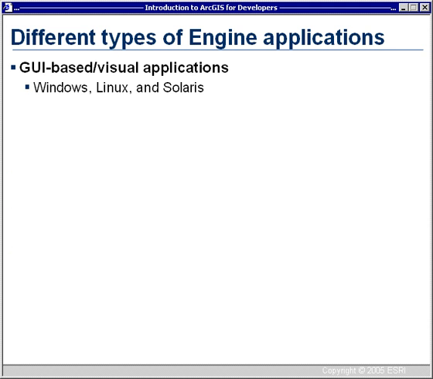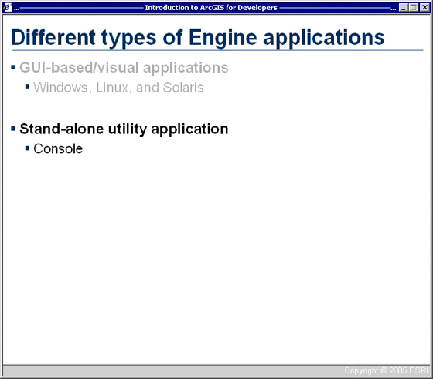There are many different types of applications that you could build with the ArcGIS Engine. The majority of the engine solutions are visual applications with a graphical user interface. These could be traditional Windows-style applications or a mapping solution for Red Hat Linux or Sun Solaris. However, you don't have to create an application that is solely focused on the map and on data display.